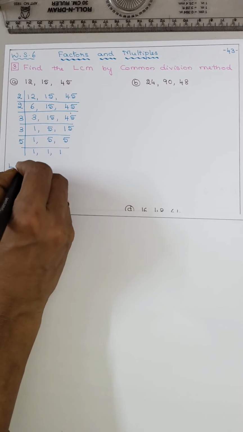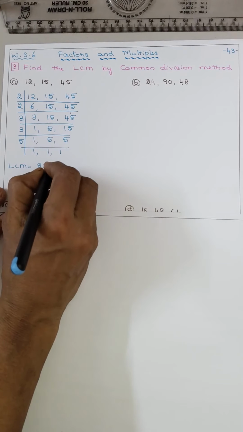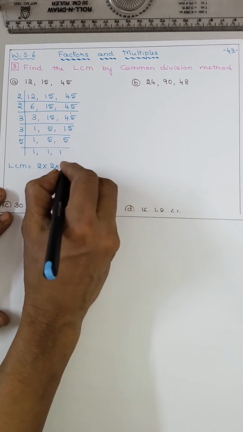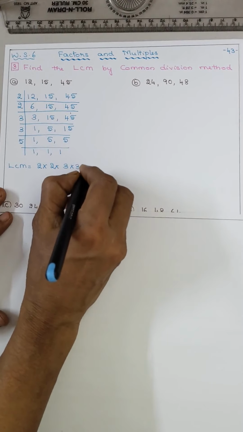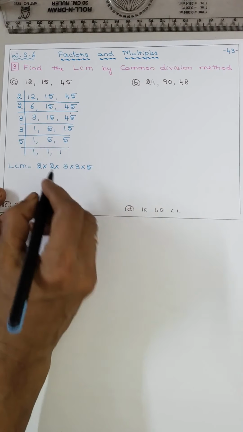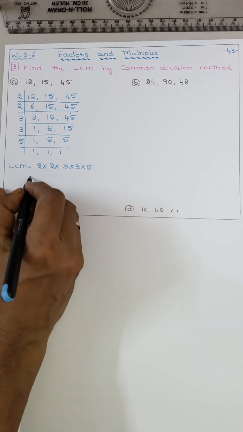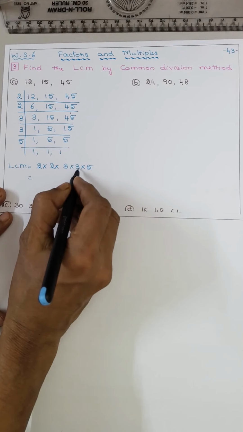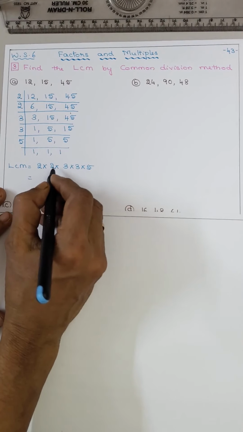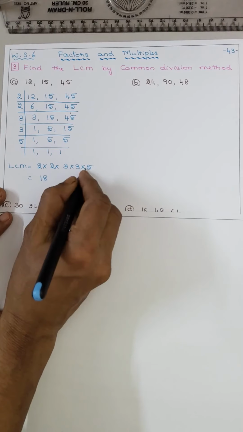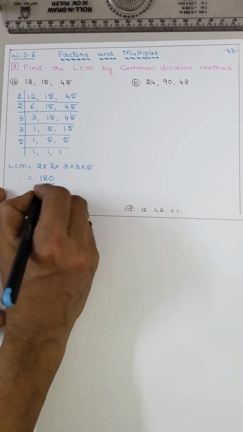Now LCM, multiply all: 2 times 2, 2 times 3, and 1 time 5. 2 5s are 10, 3 3s are 9, 9 2s are 18, 18 10s are 180.